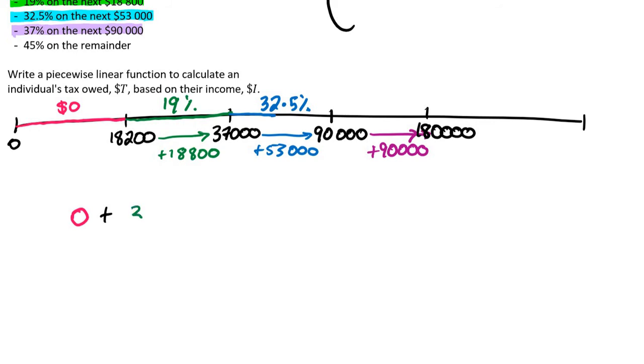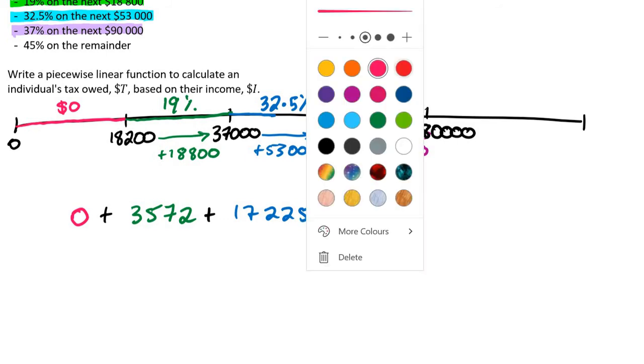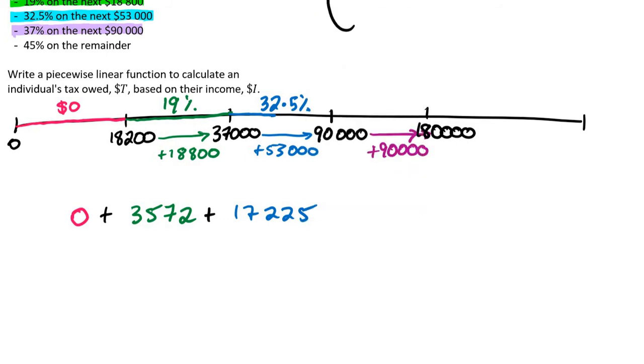Then we've already calculated this, it was 3,572 on the next 18,800. 32.5% of the next 53,000 is 17,225. Plus 37% of the income over $90,000.